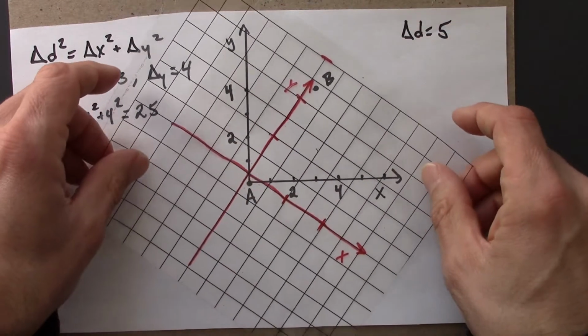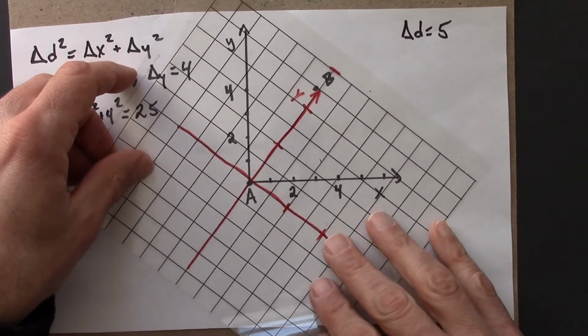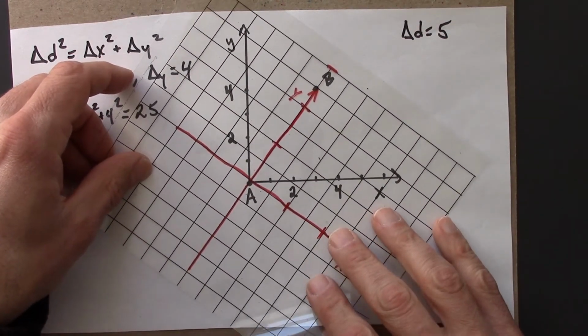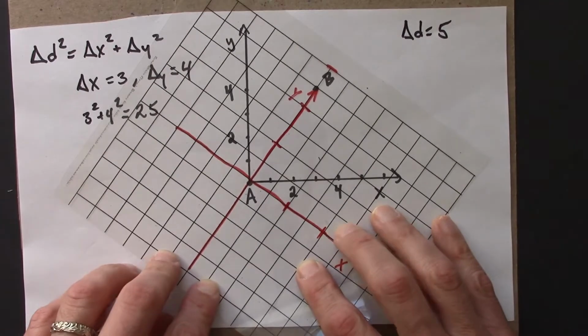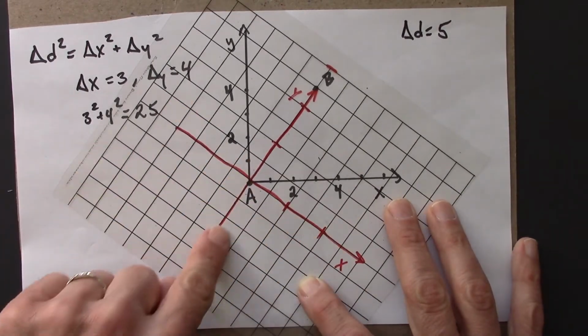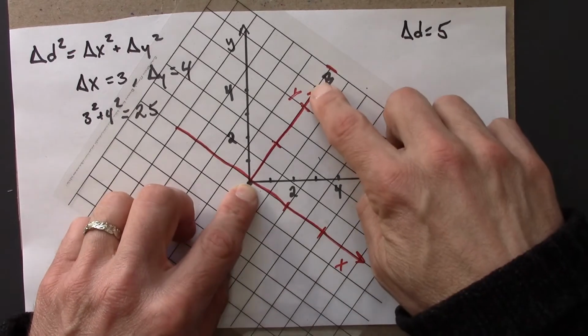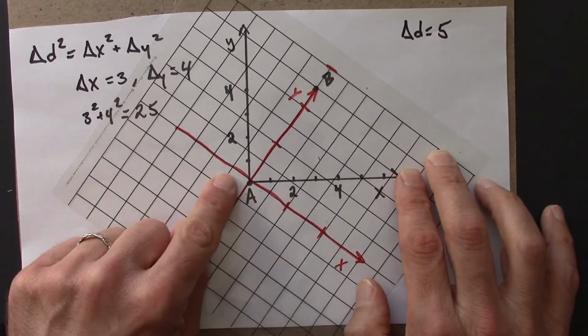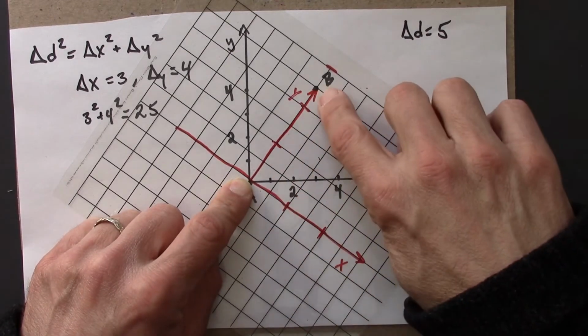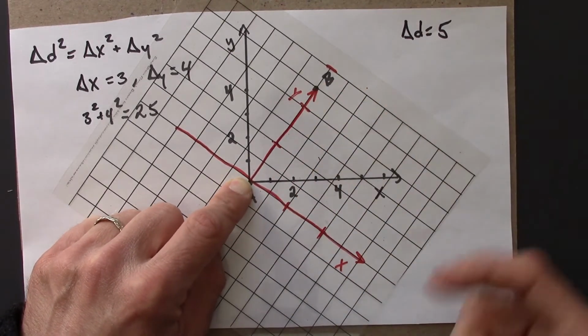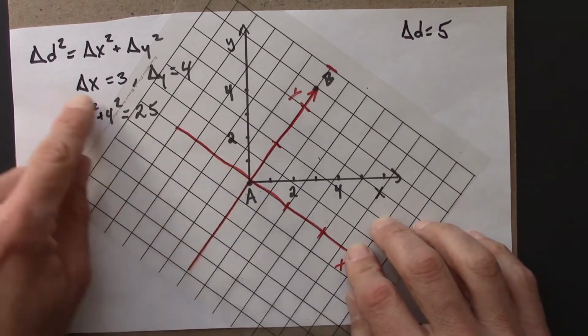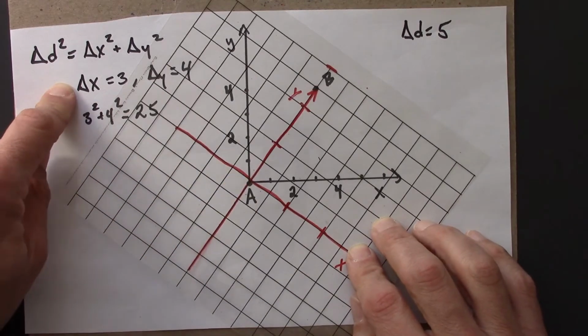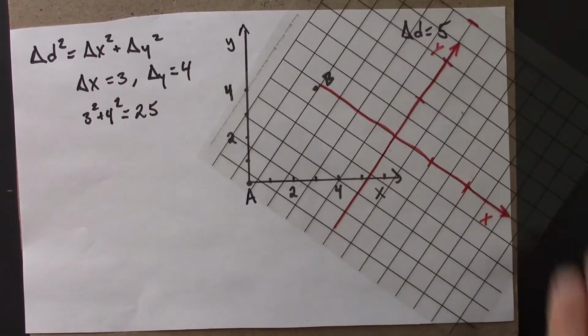I'm going to rotate my coordinate system so it's like this. This is my x, this is my y. Here's point B. And in this coordinate system, delta x is 0, and delta y is 5. So different delta x, different delta y, but we're going to get the same distance.